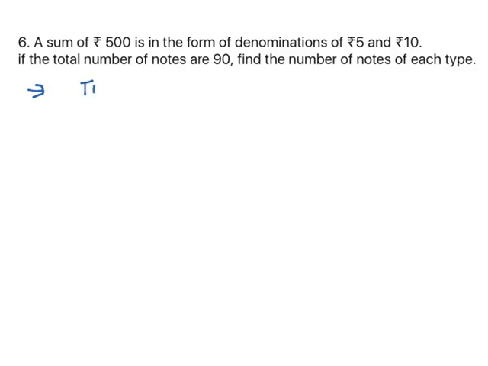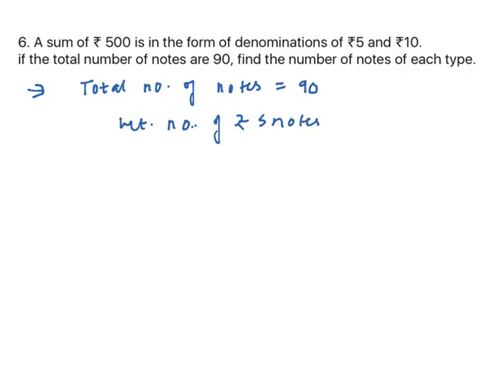They have given that the total number of notes is equal to 90. So what we are doing, let the number of rupees 5 notes be x. Here we have a total of 90.